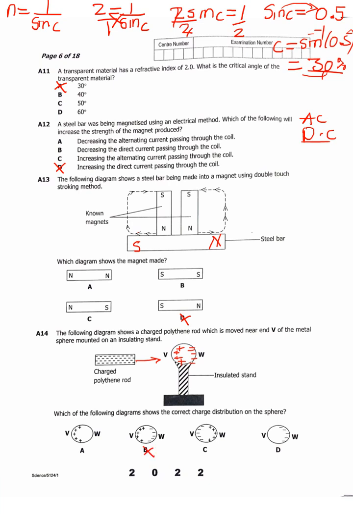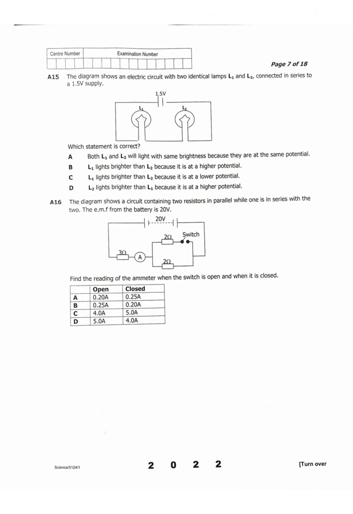Okay, now we can move on to question 15. The diagram below shows an electric circuit with two identical lamps L1 and L2 connected in series to a 1.5 V supply. So the key point here is these two are identical.